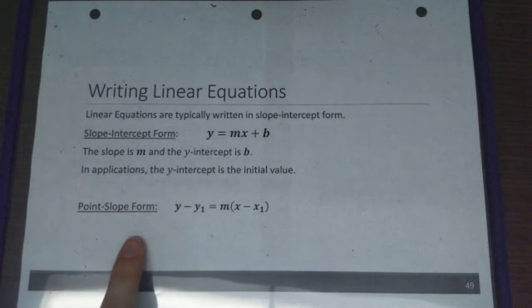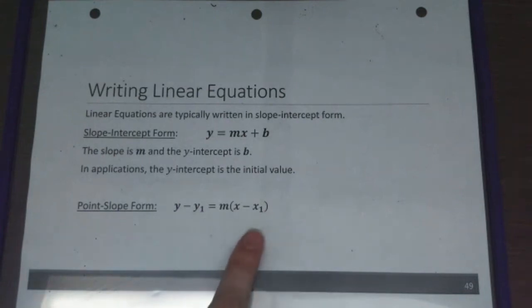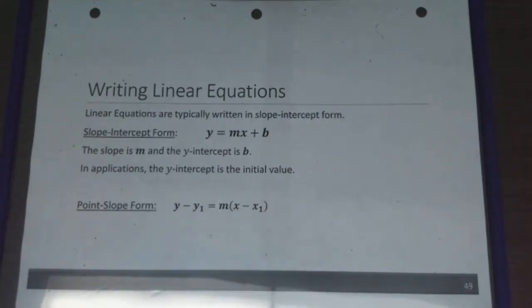However, another useful form is point slope form. And that says y minus y1 equals m times x minus x1. This form looks a lot scarier than slope-intercept, but in a way, it can be a little bit nicer to work with. And I want to point something out.